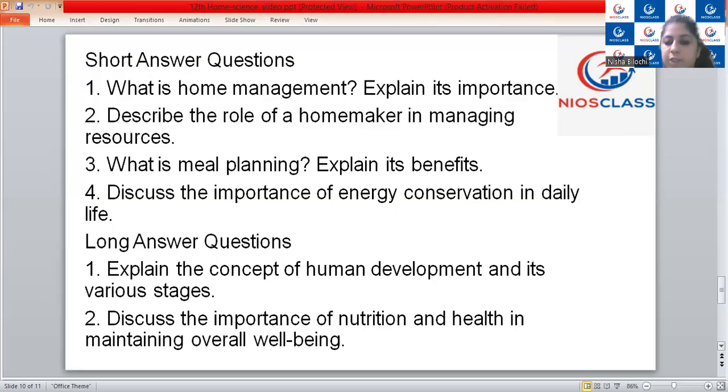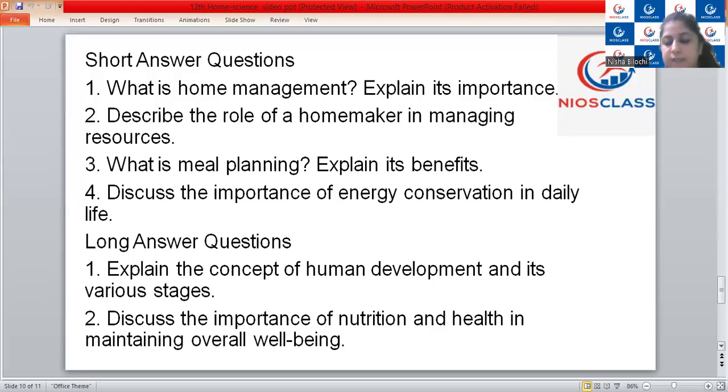What is home management, and explain its importance? What is the meaning of home management? Does it only mean managing your finances, or does it only mean doing the household chores, or does it only mean using the time effectively? You'll have to explain the importance of this one. So definitely home management is very, very important, right?